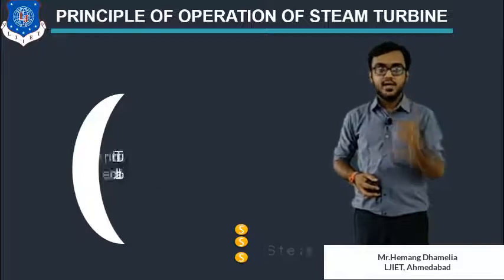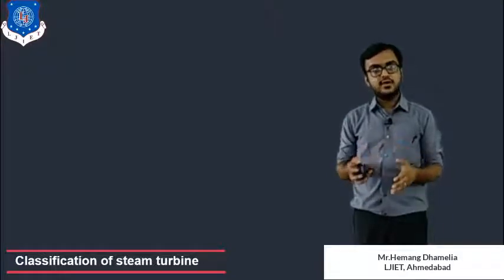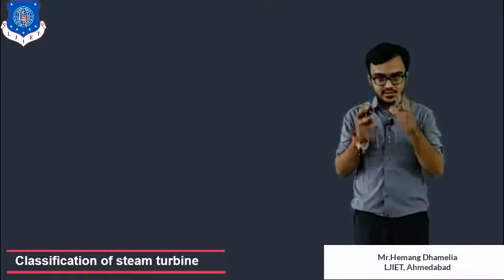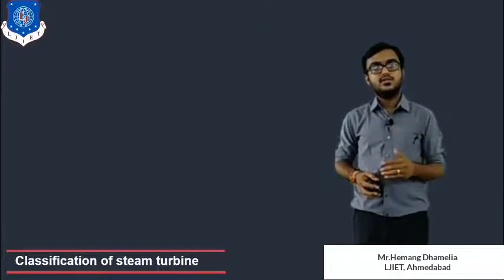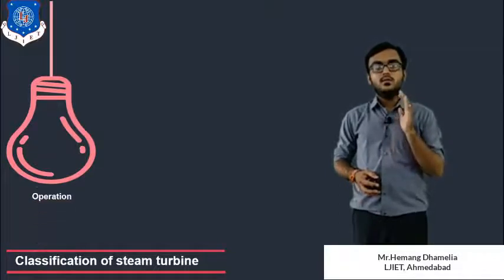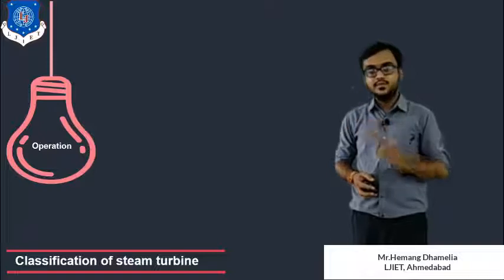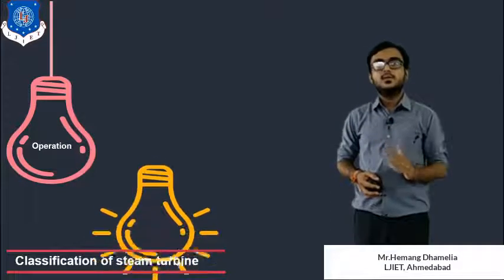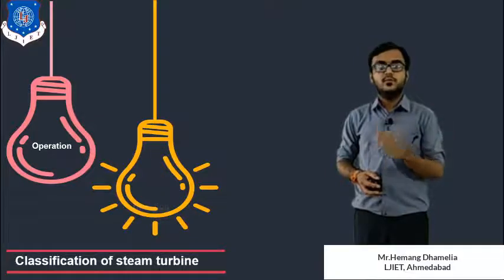Now I would like to brief you about the classification of steam turbine. There are lots of categories to classify turbines, but in this session I would like to brief some of them. First one is according to the working principle, or operation, of steam turbine. Second one is according to the direction of steam flow.